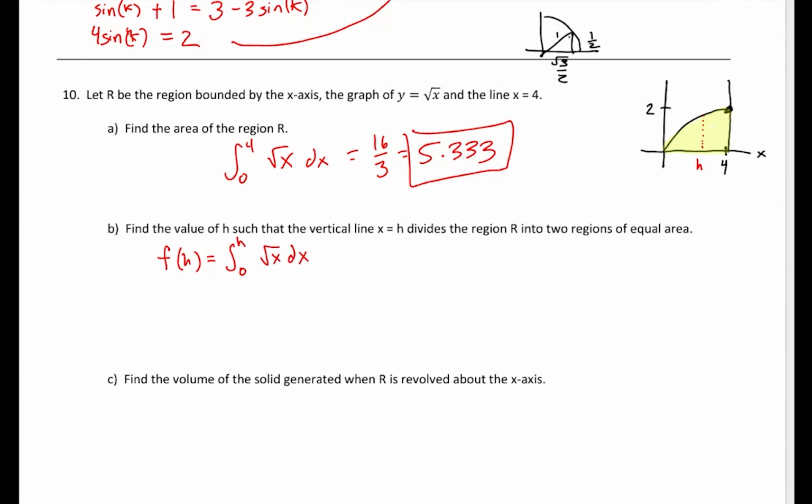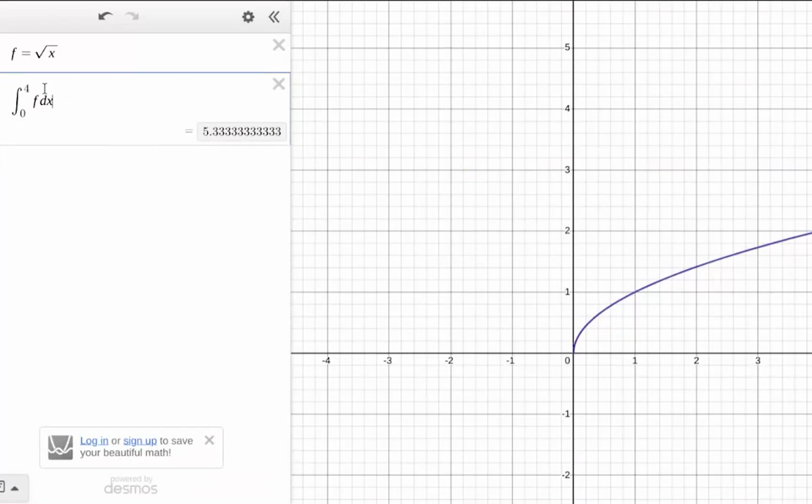So that's my function f, and then I'm also going to define a function g, which is going to be the right-hand side. So we're going to go from h to 4 of root x dx. We're going to see where these two things are equal. Again, this is kind of a cheesy way to get through it, but I think it's so much easier.